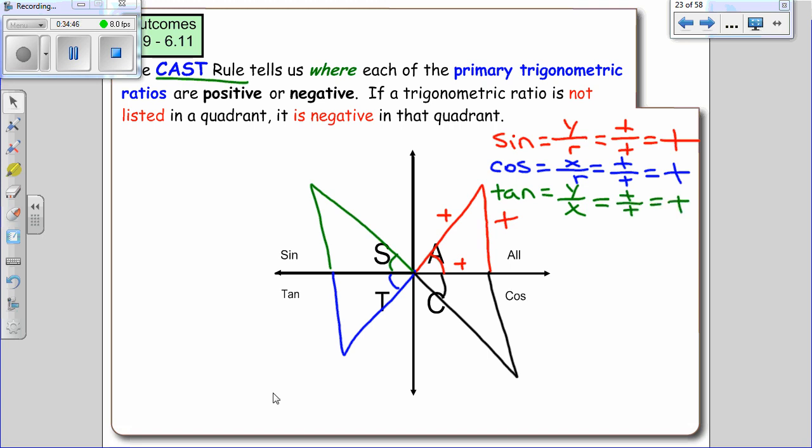That's not true in the other quadrants. When you look at the ratios in the other quadrants, you're going to start to have negative values.